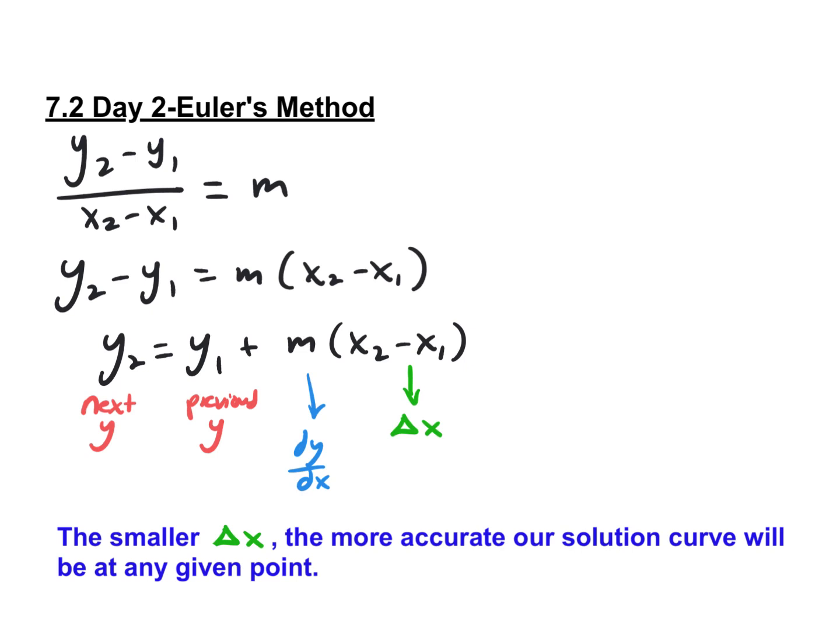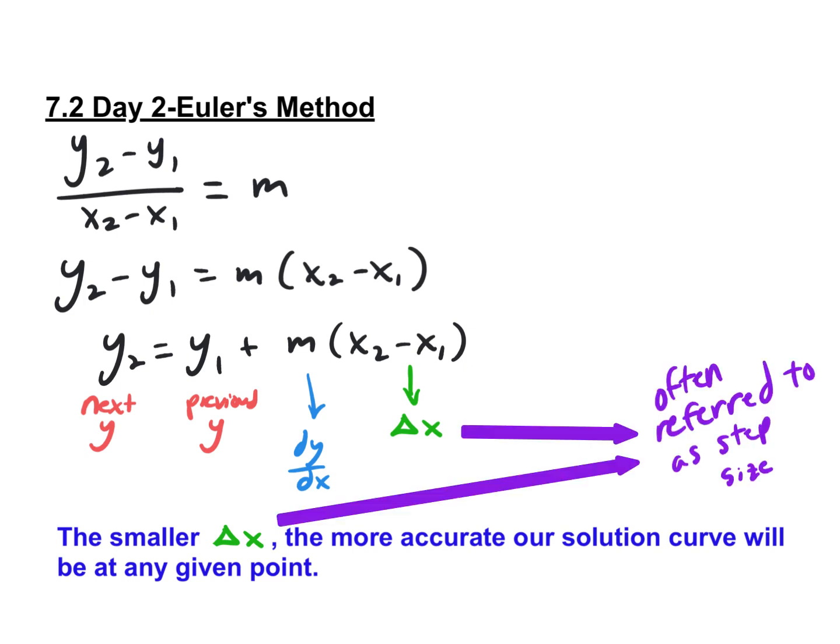The same way that we talk about that here. The smaller that change in x, the more accurate our solution curve will be. This delta x is often referred to as step size. That is a phrase you need to know. When they talk about step size, they're talking about change in x.